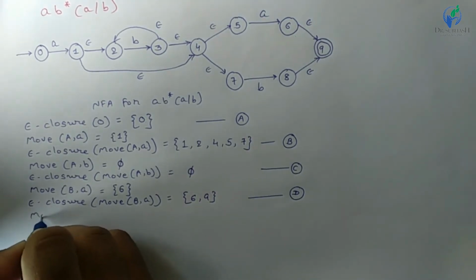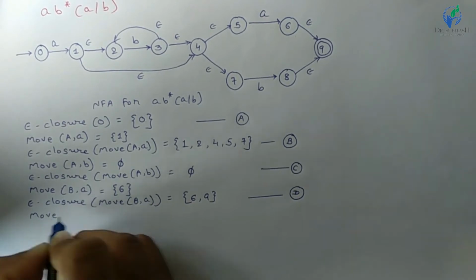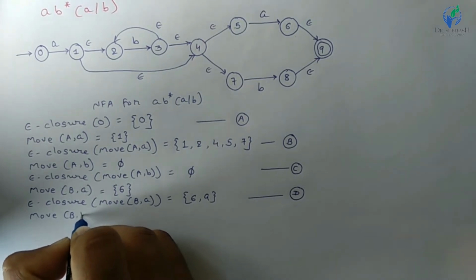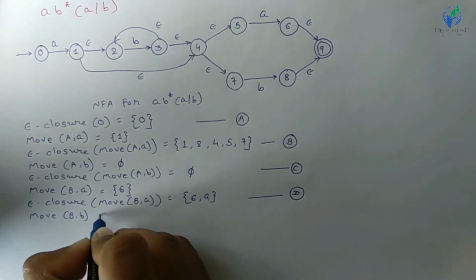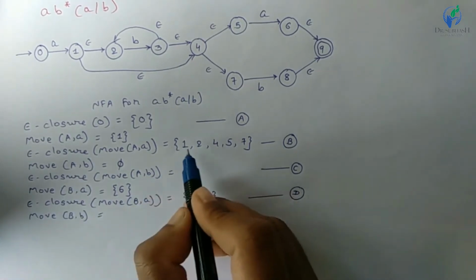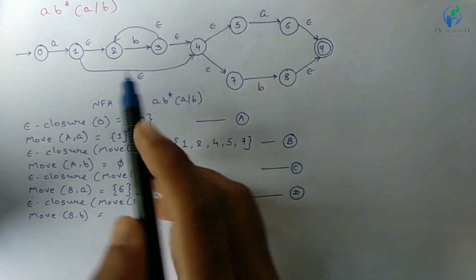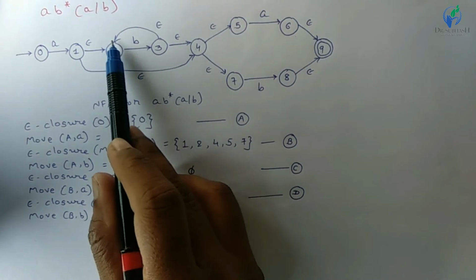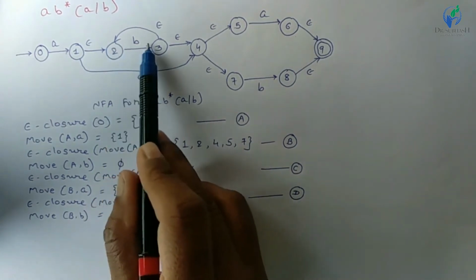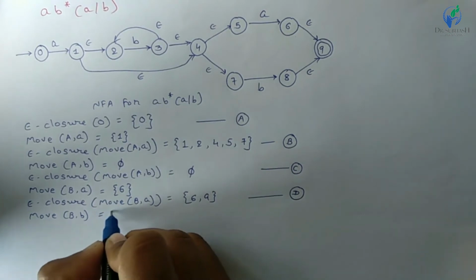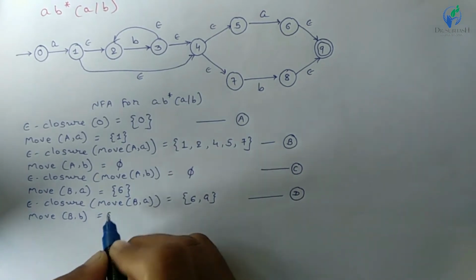Next find move(B, b). From state B, is there any b transition from 1, 2, 4, 5, 7? Yes.